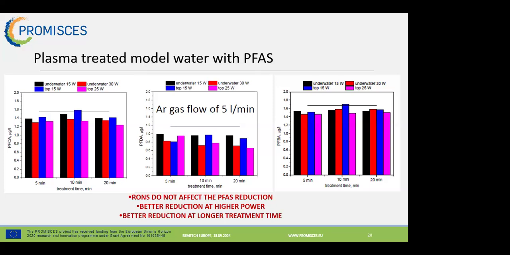So these two processes are independent, and it is not a problem that in plasma we have not only electrons but also reactive oxygen and nitrogen species. What is important is that we have better reduction when we have high power, because the experiments here are at 15 and 30 watts, and the longer treatment time gives better reduction.